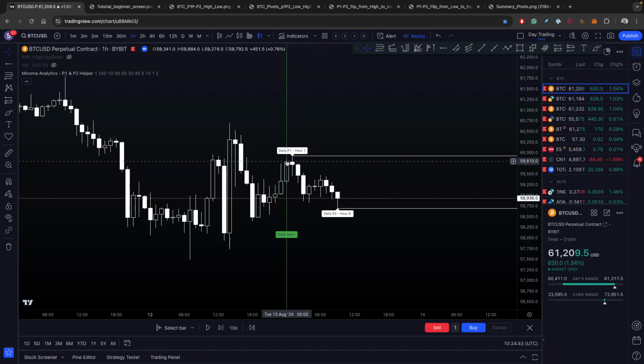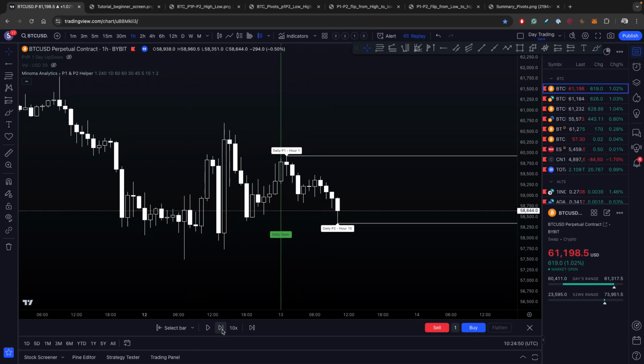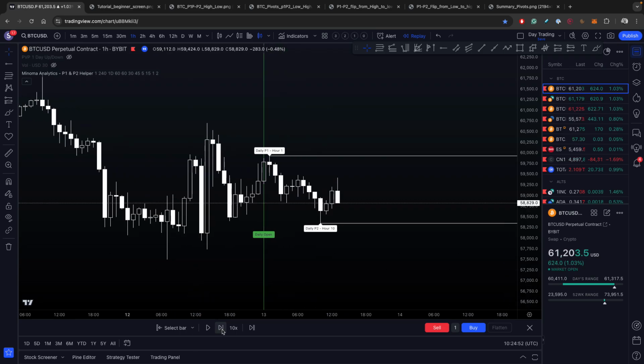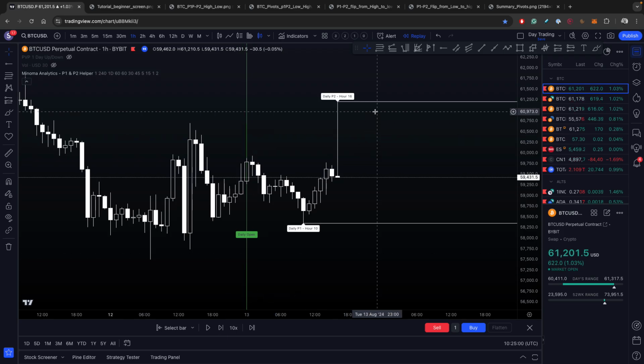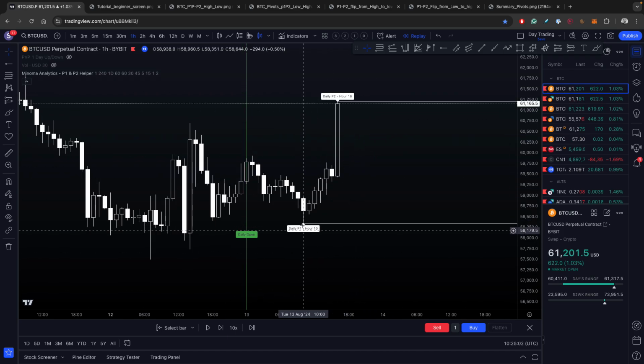And there you go, we took out this old P2, so P1 is still the daily high and P2 is still the daily low. New P2 again, and then what happened is that we started grinding up. So the daily high is P1, the daily low is P2. Watch what happens if we take out the daily high. Bam, right? P1, P2.